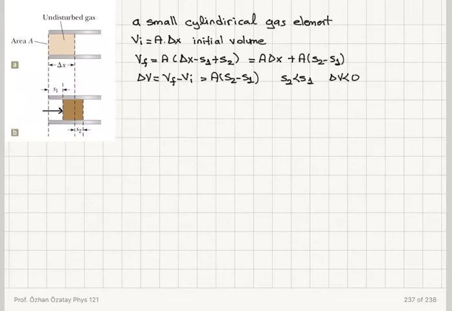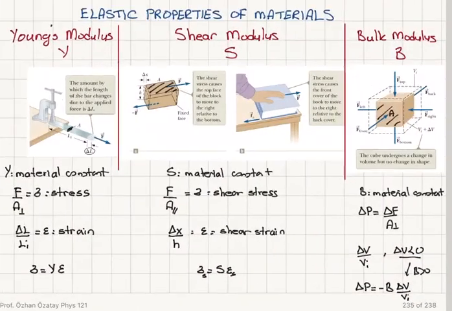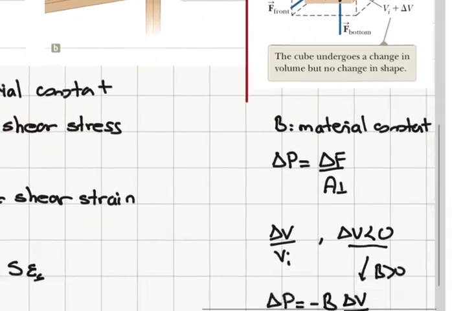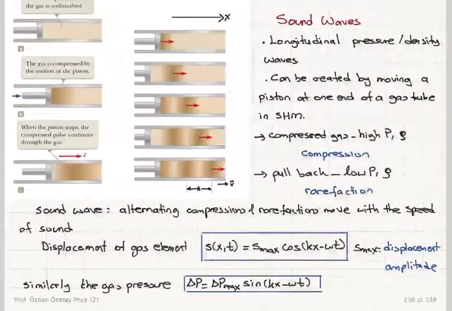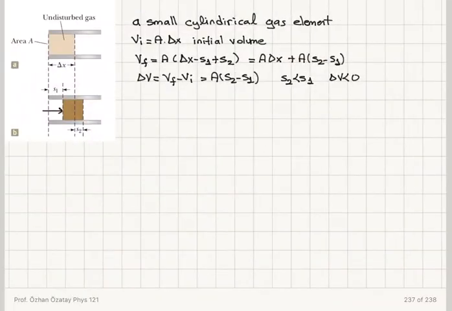So this should remind you of bulk modulus. If you look at the definition of bulk modulus, the change in pressure is equal to minus bulk modulus times delta V over V initial. And remember that this delta V has to be negative so that the bulk modulus comes out to be a positive quantity.